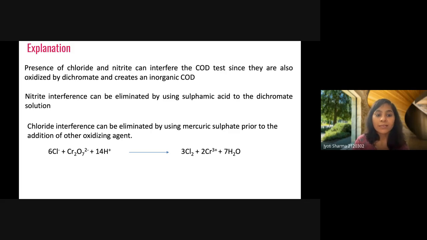So this can be eliminated by using sulfamic acid to remove the interference of nitrite. And if it is chloride, then we can use mercuric sulfate prior to the addition of other oxidizing agents, so that we can remove the interference of chloride.